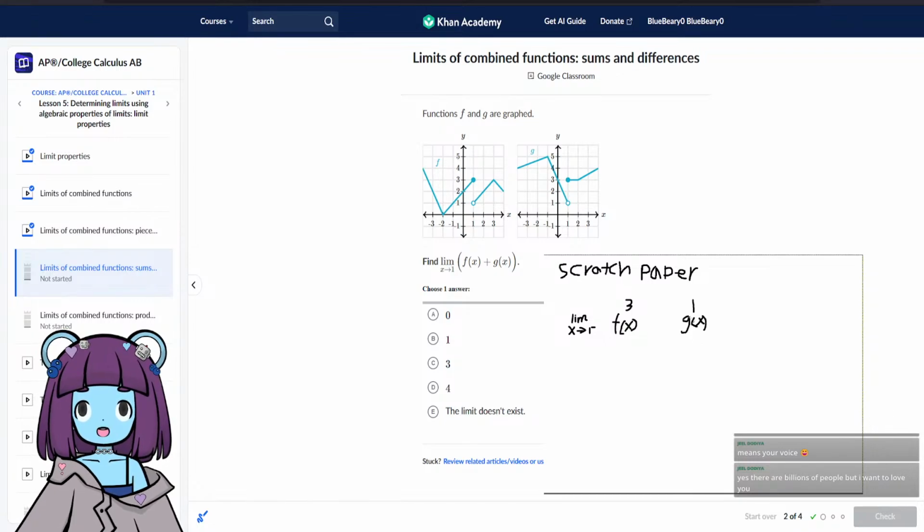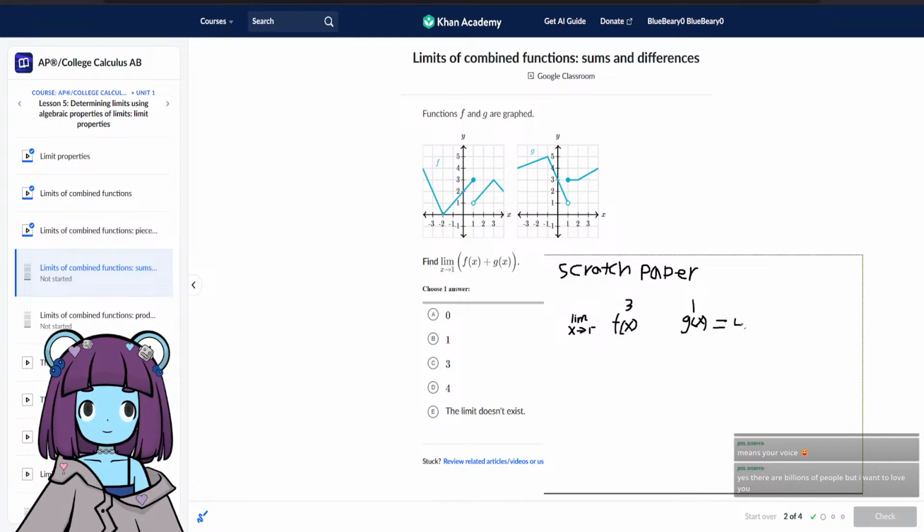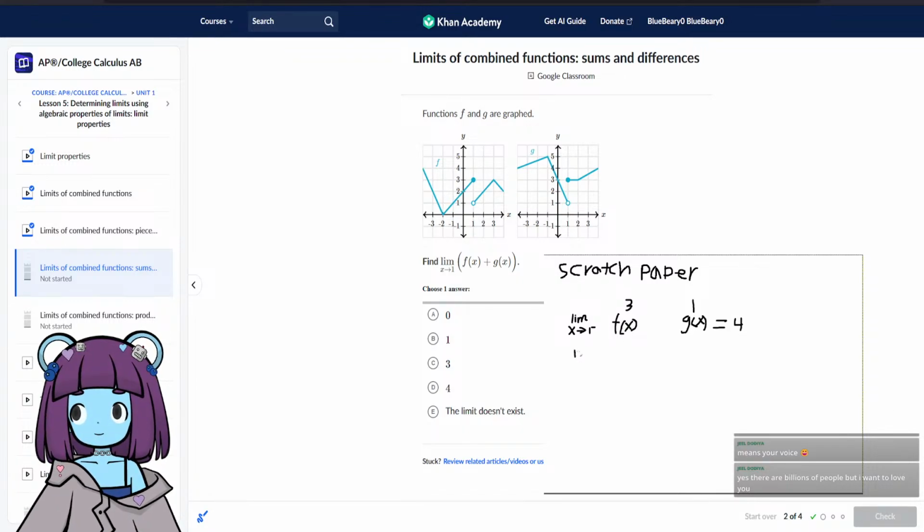One. And then you add those, so it's 4. And then you do the same thing for the right side. g of x.